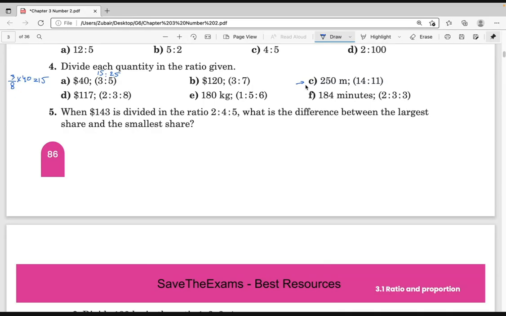Yes, sir, I got 18, 20, 140 and 110. 140, 110. That is correct. Now let's try these three ratios. Try F part.